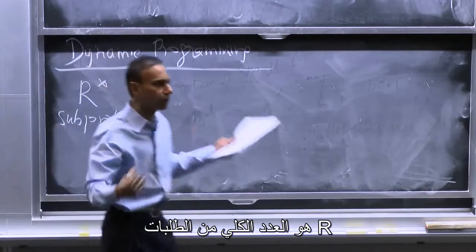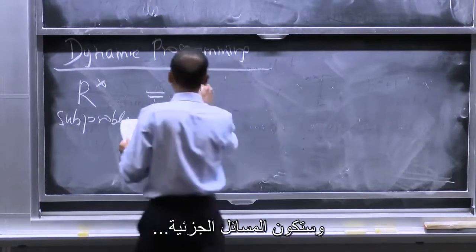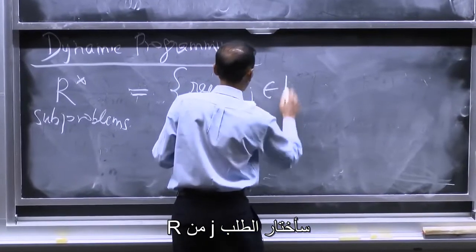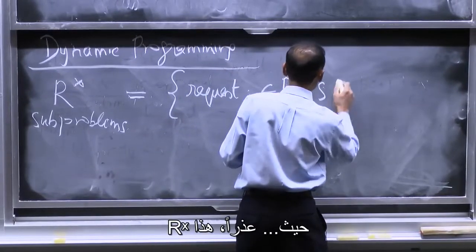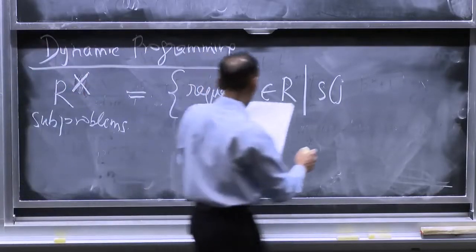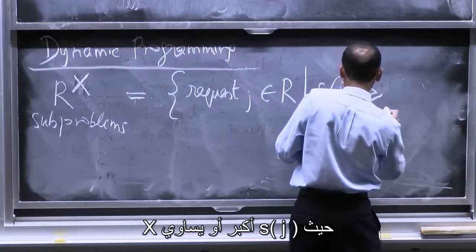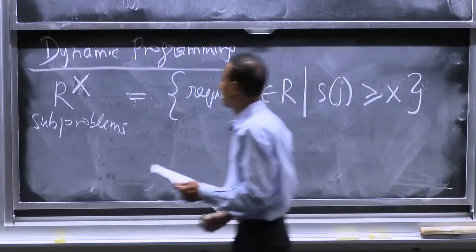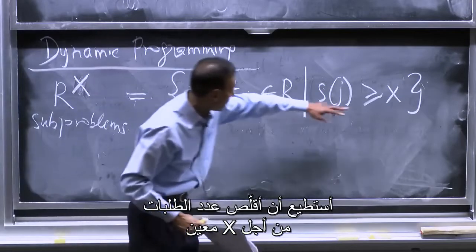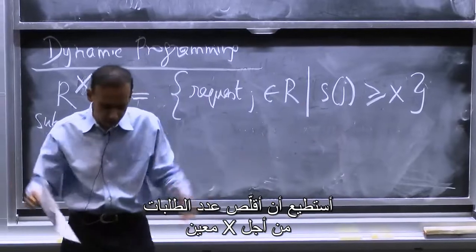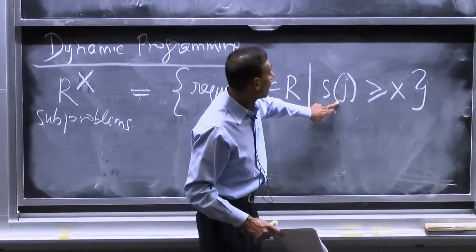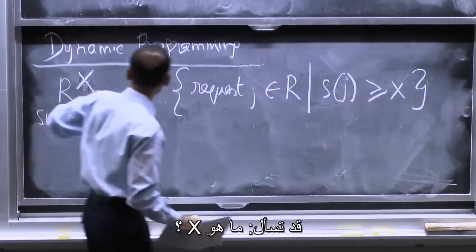So R is the total number of requests that we have, and the subproblems are going to correspond to, I'm going to pick request j belonging to R such that, oh, I'm sorry, this was R of x, such that s_j is greater than or equal to x. Right? So what I'm doing here is, given a particular x, I can always shrink the number of requests that I have based on this rule. Okay?